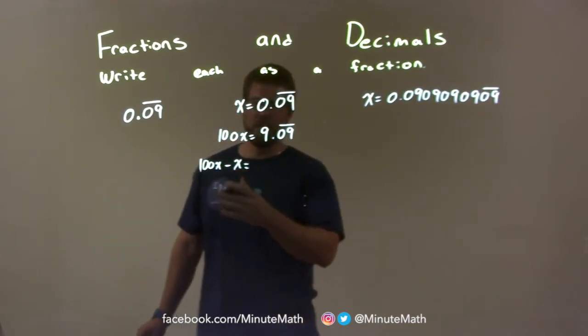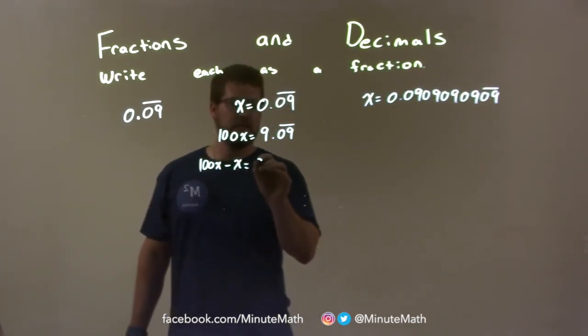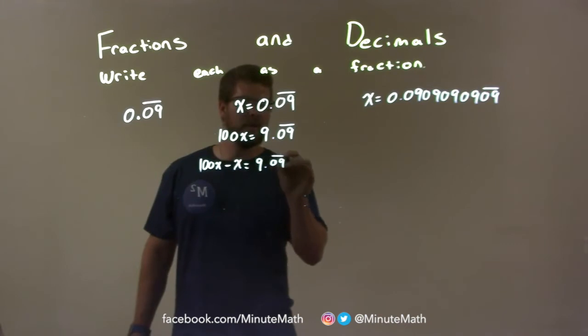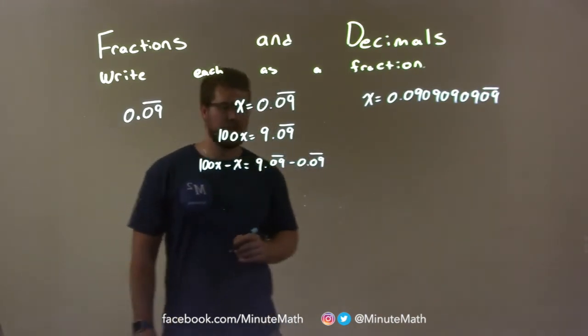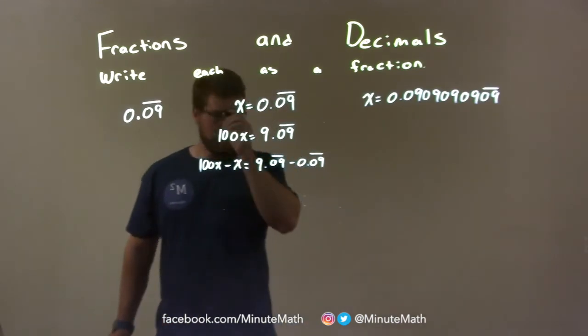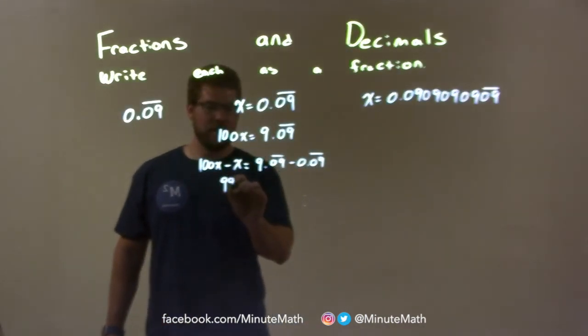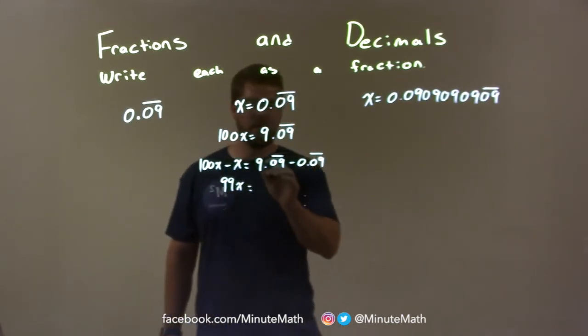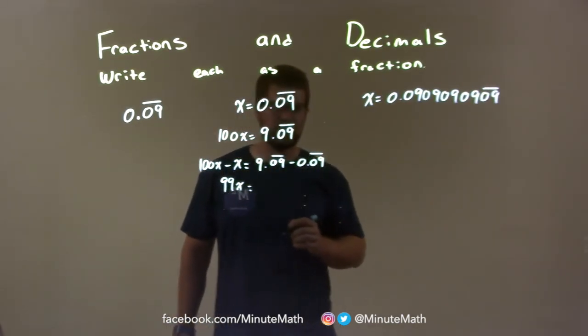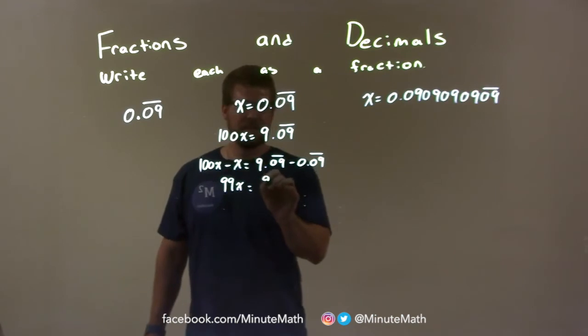So once we have that, we have 100x minus 1x, which is 9.09 repeating minus 0.09 repeating. 100x minus 1x is just 99x, and 9.09 minus 0.09 is just 9.